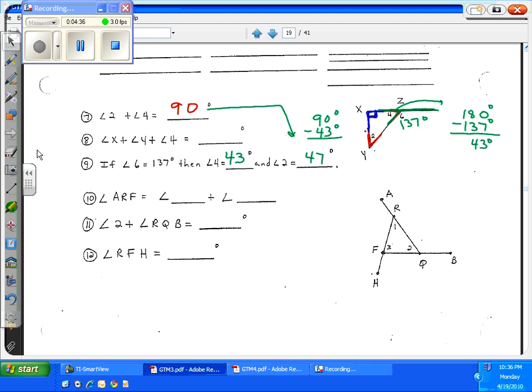Let's go to number 11. Number 11 is with the bottom picture. If you weren't sure when it changed, it's when the letters changed. We got the ARF here, and that's the letters in this. So here we are at the bottom picture. Angle 2 plus angle RQB. Now here's angle 2.